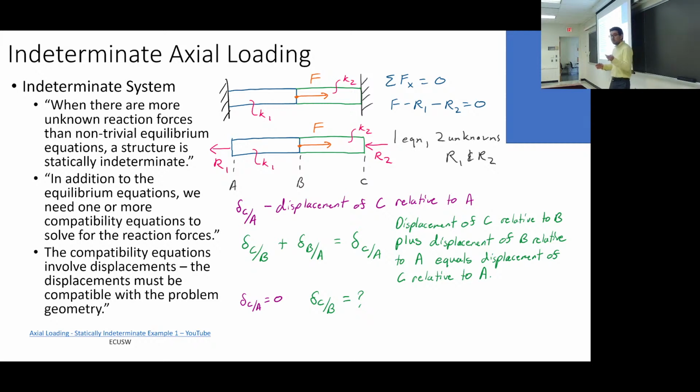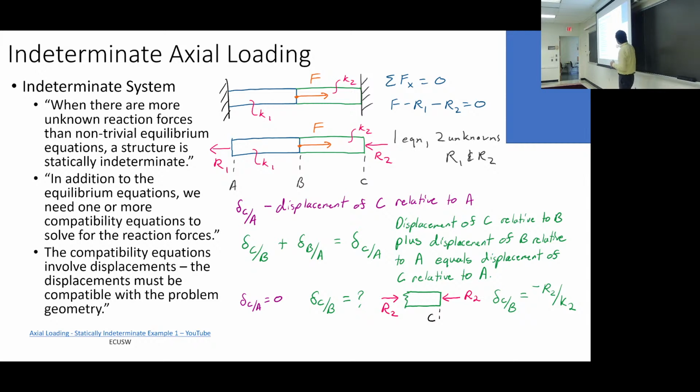So you take a slice and figure out what the internal force is, right? And once I know that internal force, and if I know the stiffness, I can figure out what the displacement, the deflection, is. So once again, you slice, and we think there's some R2 in the green. I can say that delta CD is equal to minus R2 over K2.